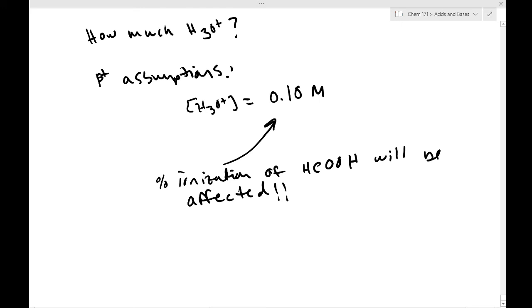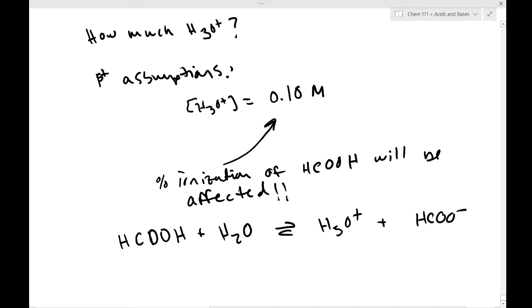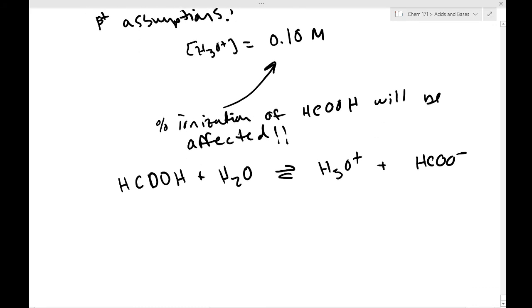And also, if you think about this from the perspective of an equilibrium, HCOOH plus H2O goes to H3O+ plus HCOO-, we're adding in a ton more H3O+ into this reaction.